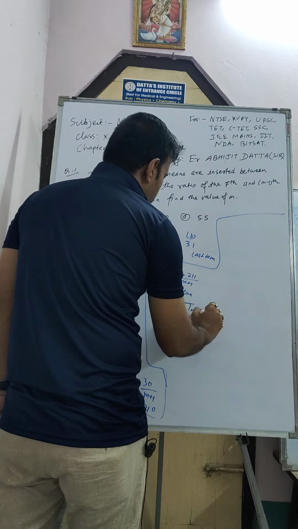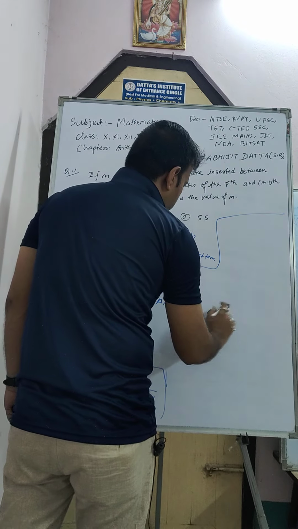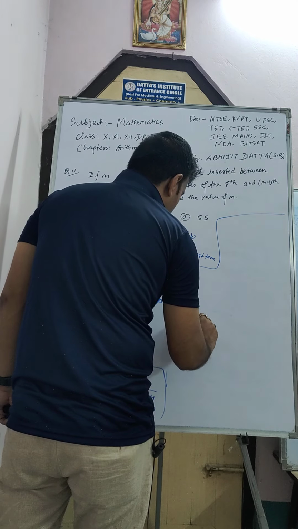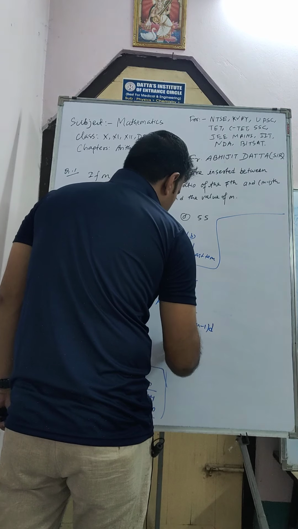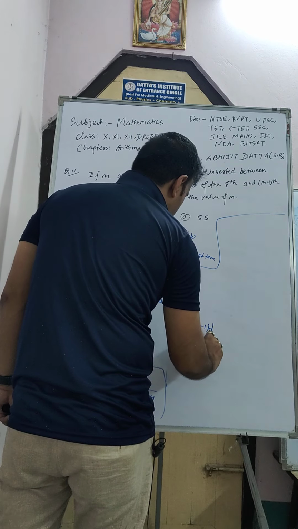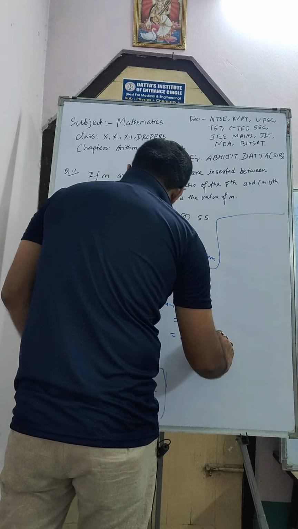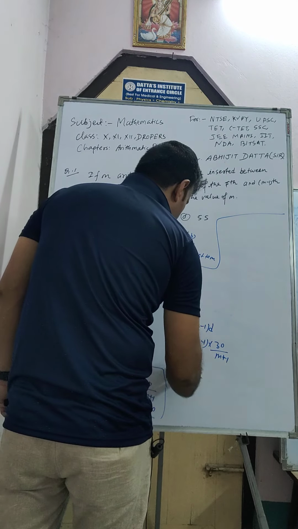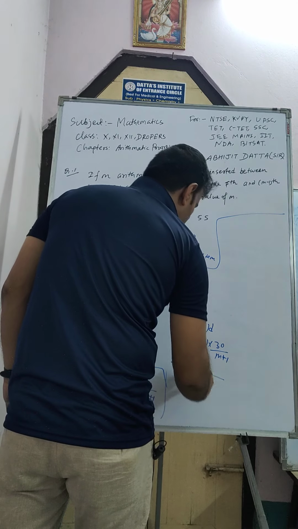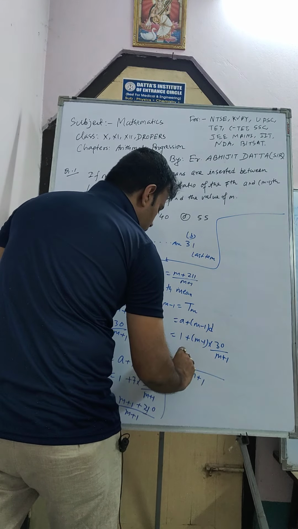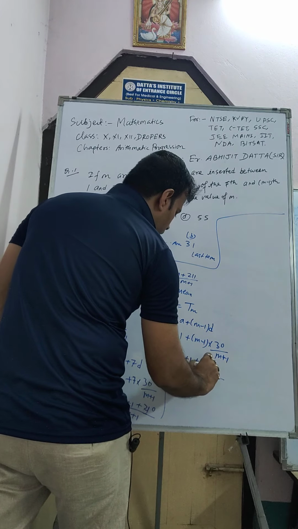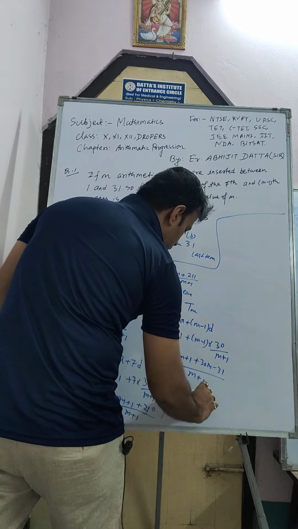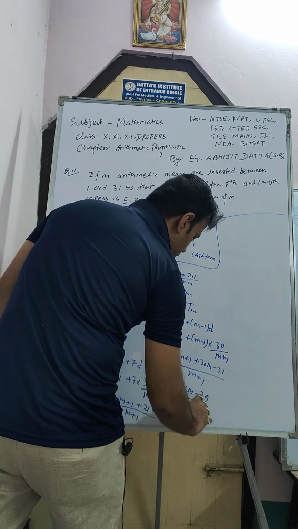That is a plus m minus 1 into d. A is 1, that is this one is m minus 1, and d is 30 by m plus 1. So simplify here. This one is m plus 1 and it will be 30m minus 30, that is 31m minus 29 by m plus 1.